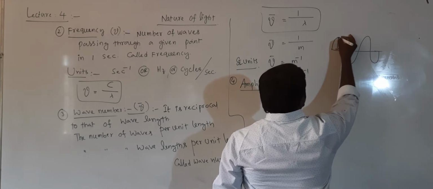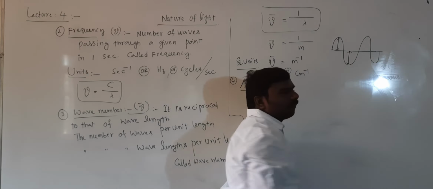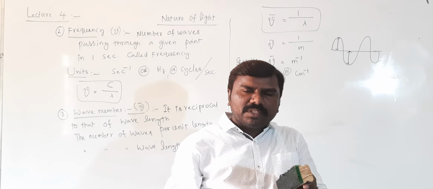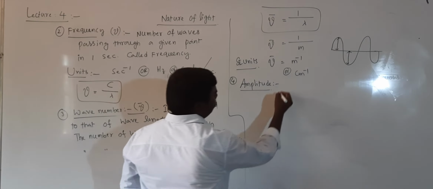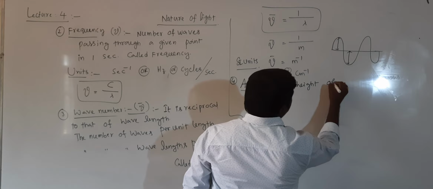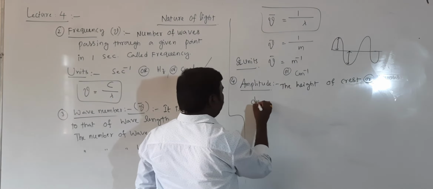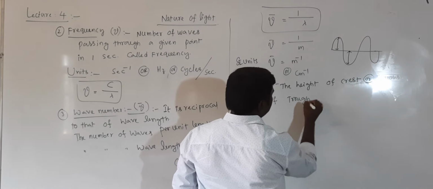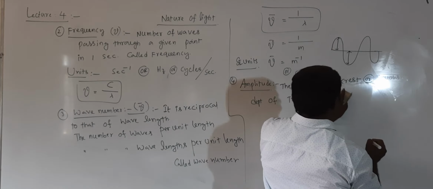The height of the crest or the depth of the trough is called amplitude.